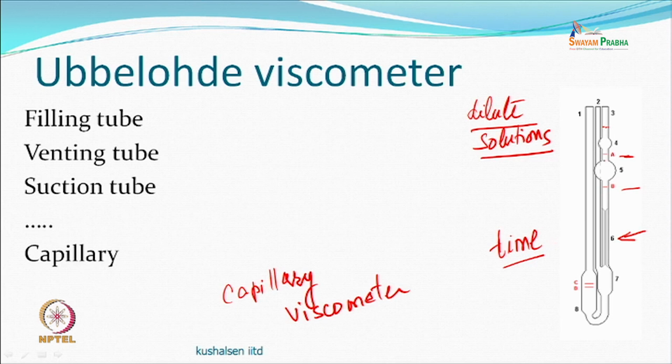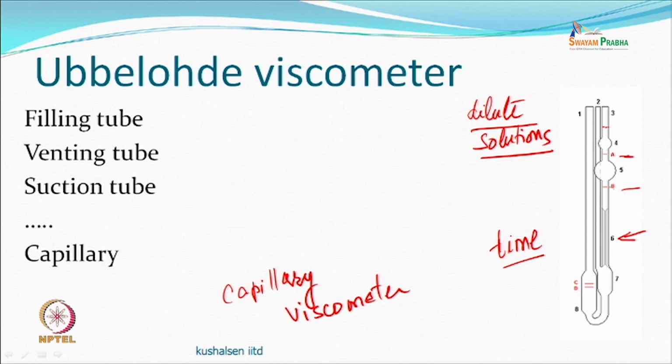Because the volume is fixed between, let's say, two bulbs, this is just to have some additional solution here, and then you allow it to flow down. The dimension of the capillary is fixed, so once it is fixed, the flow rate will be decided by the viscosity.